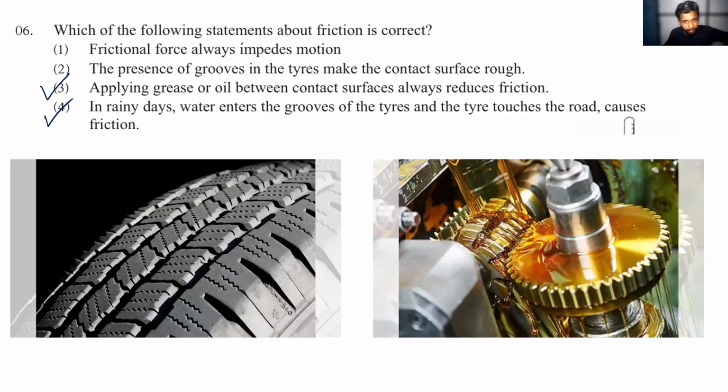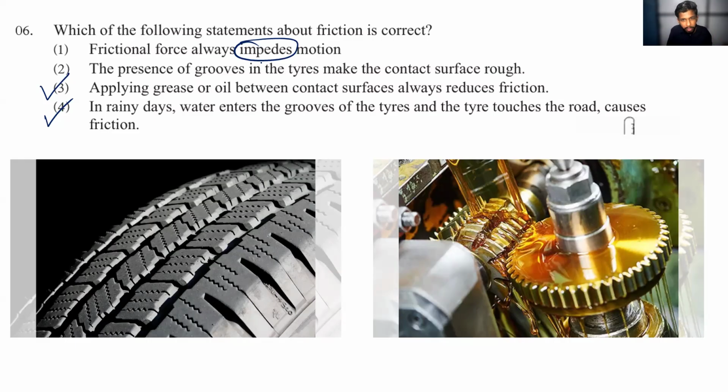Frictional force always impedes the motion. Impedes means every time it makes a disadvantage? No, right? Always it will oppose the motion. Yes, that is okay. But we don't have only disadvantage regarding the friction, right? We have some advantages. When we are walking, the frictional force is very helpful for us.